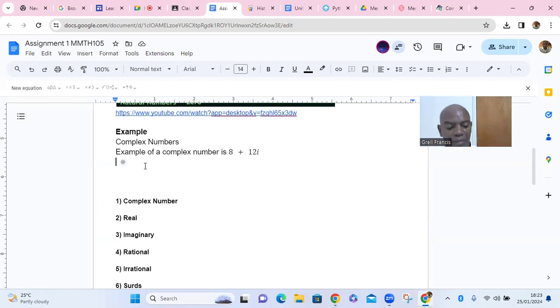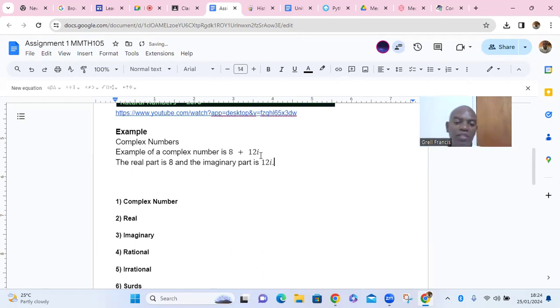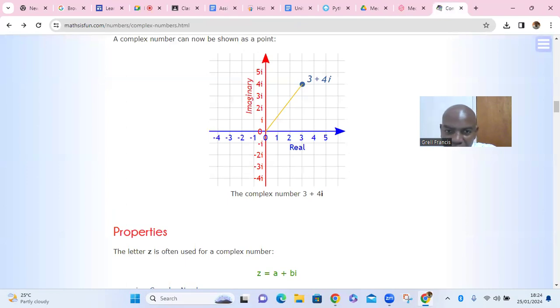So you can say the real part, and the imaginary part, 12i. You can copy this part there so that it's in italics. So it could be one sentence. And if you decide you want to say a little bit more, you do a little research again.